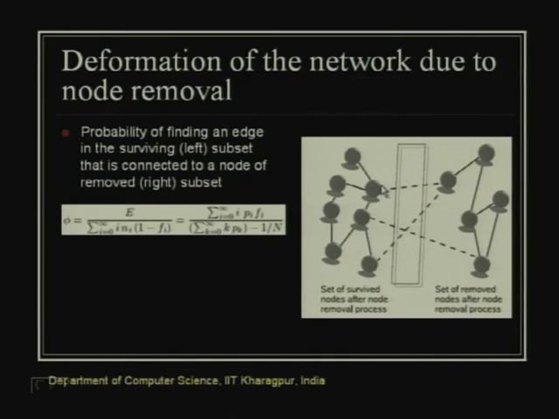I just want to convert it into a probability: the number of such edges divided by the total number of tips gives the probability that each tip has an edge that way. So, phi is clear.